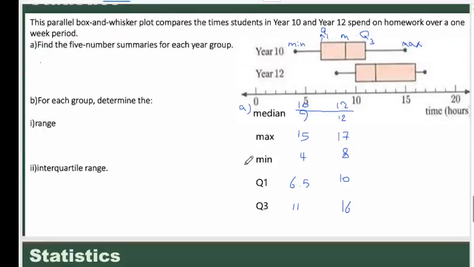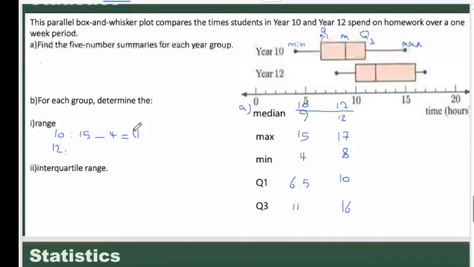For range, part B says for each group, determine their range for 10 year and for 12 year. For 10 year, the range we know is maximum minus minimum. For 10 year, 15 minus 4 gives me 11.